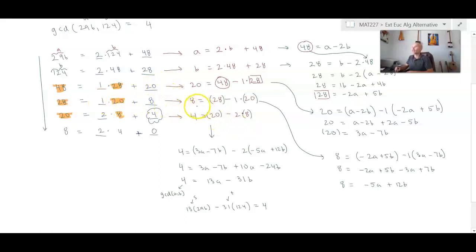So in this next line, when we write 8 equals 28 minus 1 times 20, we use the two previous substitutions, 28 and 20, to plug in there, got a new expression, then went to solve for the last line being the one before we get a zero remainder, because that's going to give us that remainder is the GCD, and we're able to package it all together nicely.